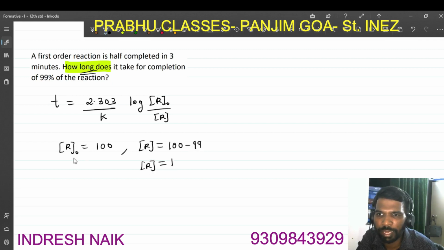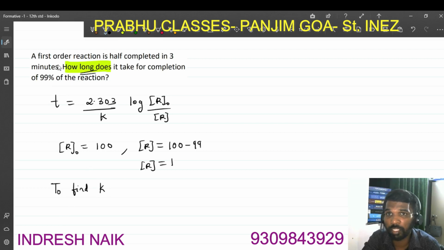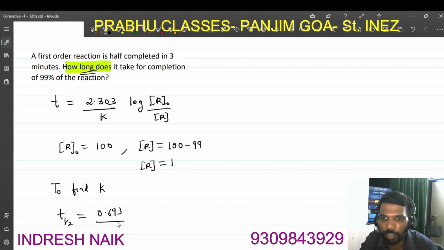But we don't have k, right? We don't have k. So how to find that k? To find k, then only I can find the time. To find k, it mentions that the first order reaction is half completed in 3 minutes, meaning t half. It is telling about t half. T half is 0.693 upon k.